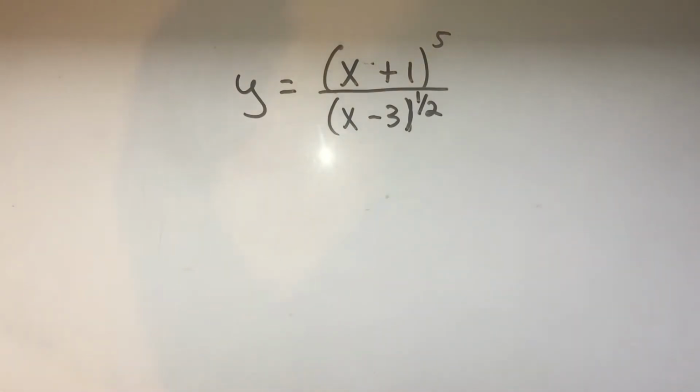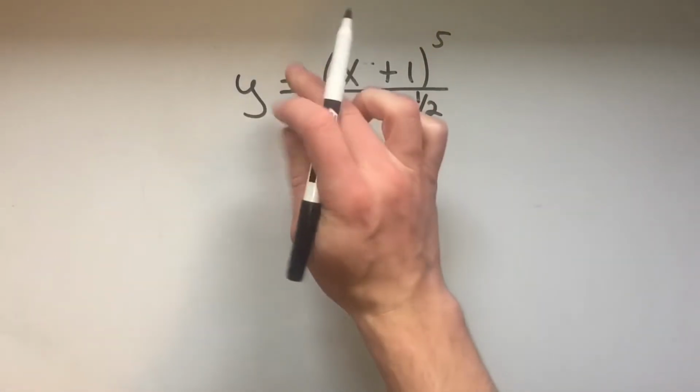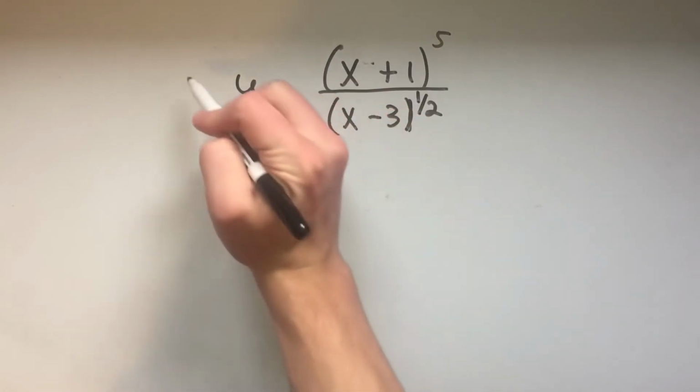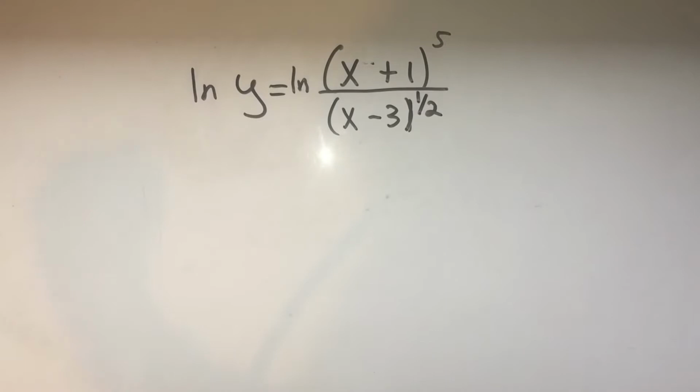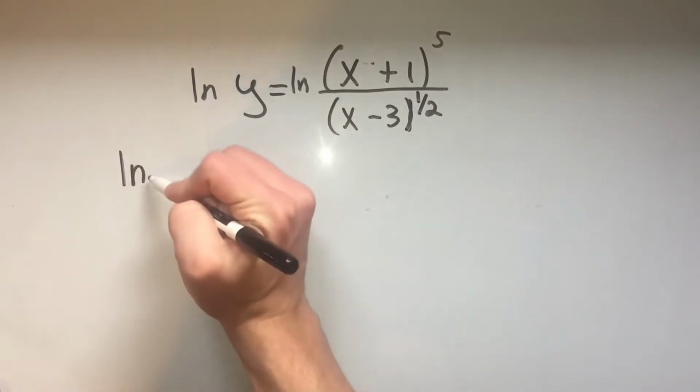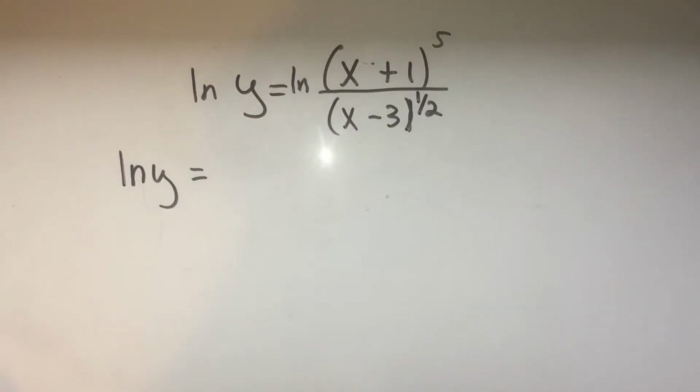But if I just take the natural log of both sides of this equation, what I'm going to do is apply properties of exponents on the right side. And I'm going to do this all in one sweep. I'll show you how easy it is.